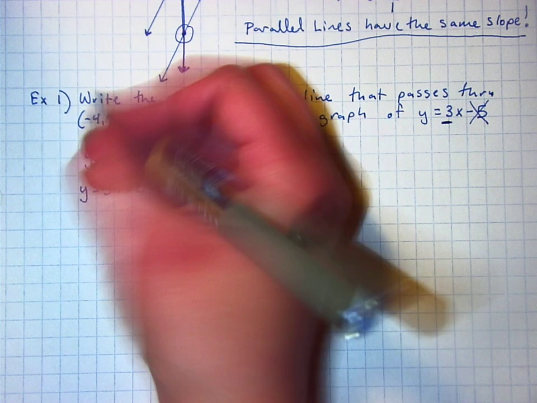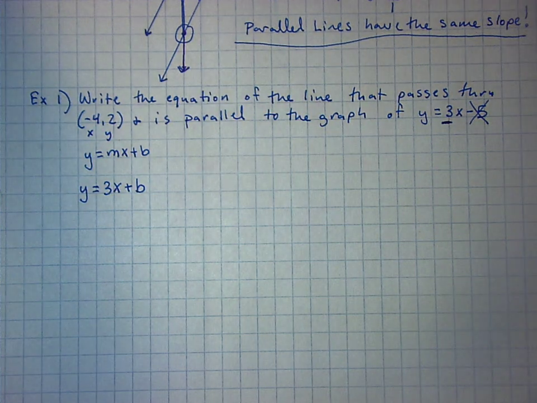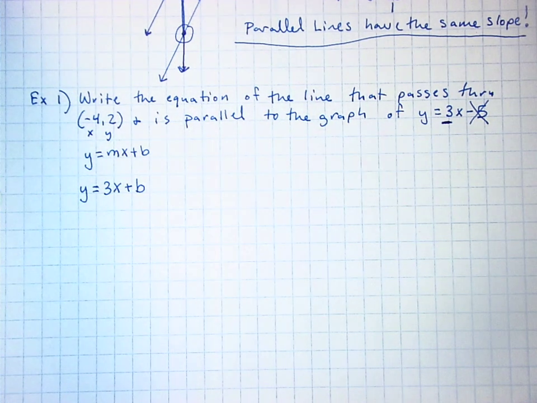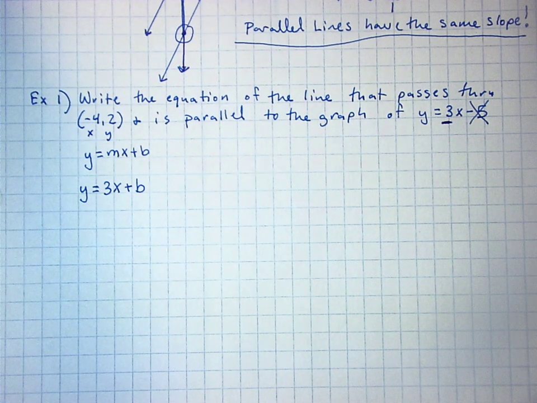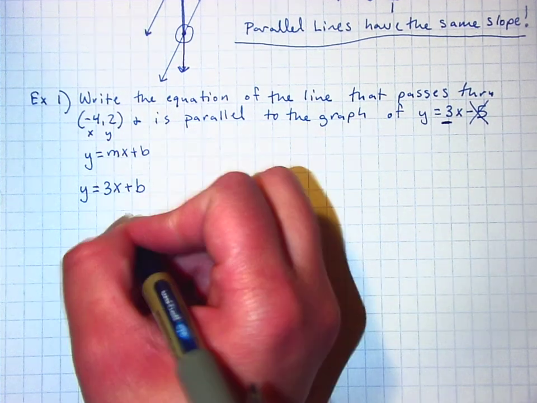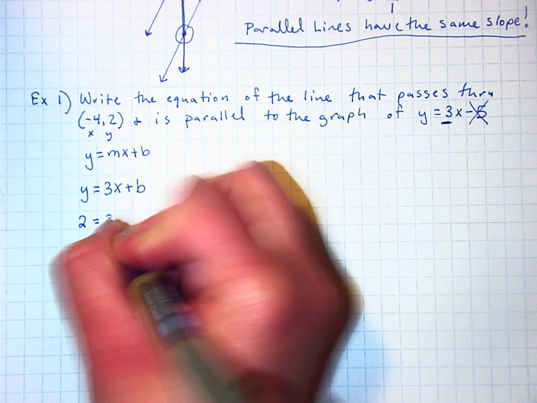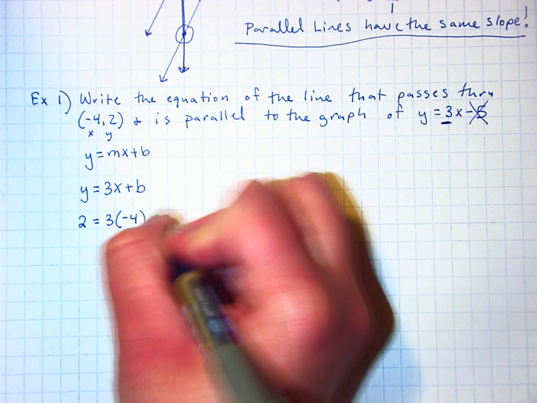And then I'm going to put in the xy point right here to find out what my new y-intercept is. This is very similar to questions we had before where I'd give you a slope and a point. Exactly the same process. You just have to realize that the slope is the same for a parallel line. So, y is 2, x is negative 4.